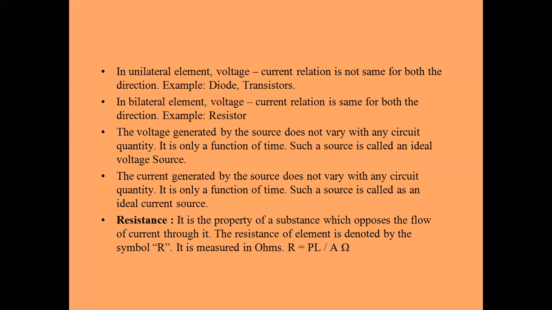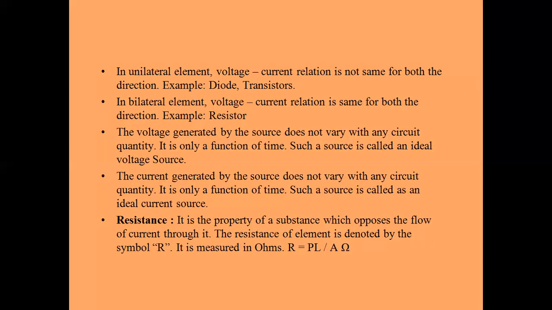R is always equal to rho L upon A, which means resistance is directly proportional to rho, the resistivity of the material, and L, the length of the conductor, and inversely proportional to A, the cross-sectional area of the conductor. So resistance is the property which opposes the flow of current through a particular substance.